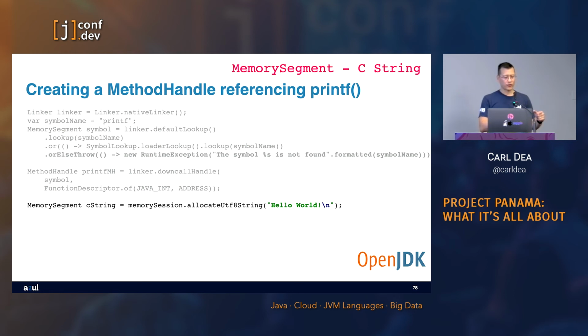There is a proposal to combine these. There's something called a memory address, which is an address or a pointer to the character array, but a memory segment is also the same thing as a pointer, but it has spatial bounds.